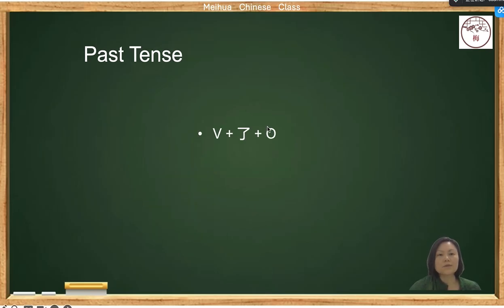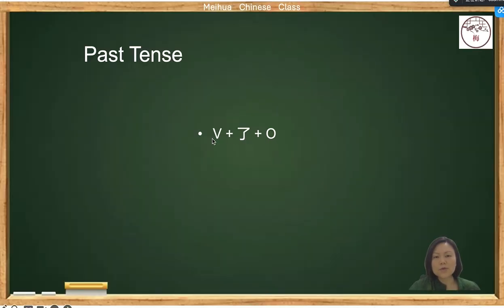How about the past tense? Past tense means something happened in the past time. The rule is V plus le plus object.